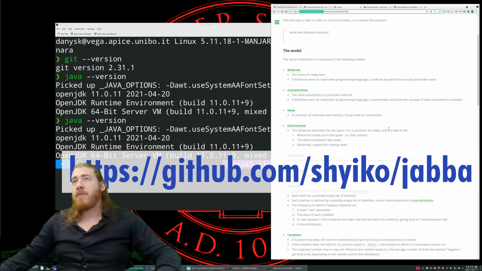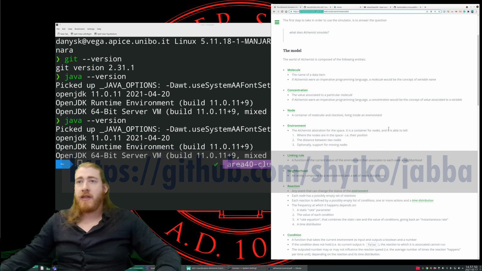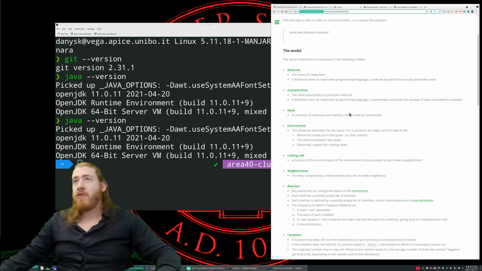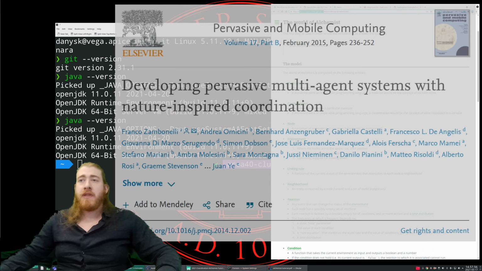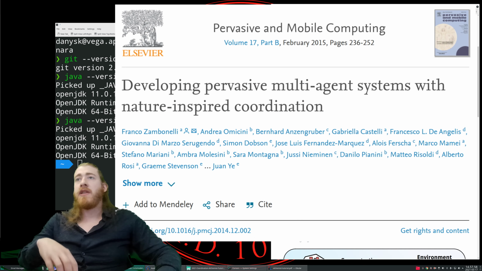So let's talk a little bit about the simulator. We conceived the simulator for a European project, SAPERE, in which the idea was to coordinate multiple devices. Those devices were situated in the environment.